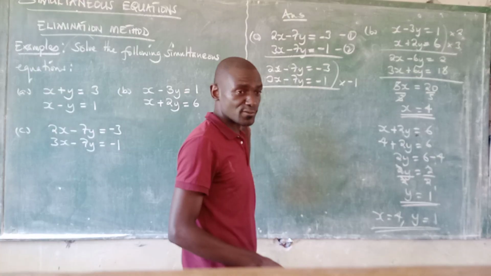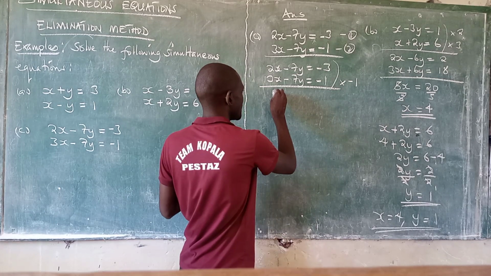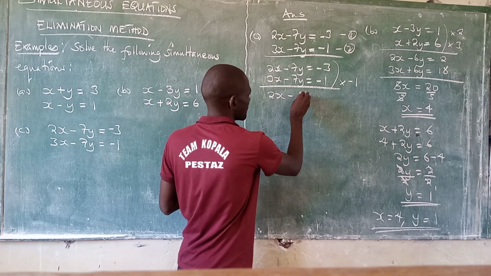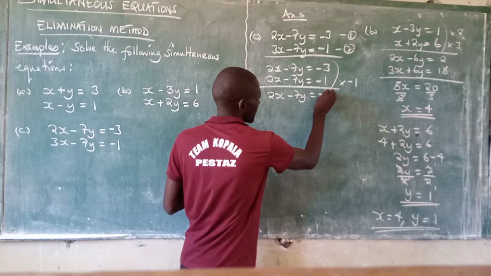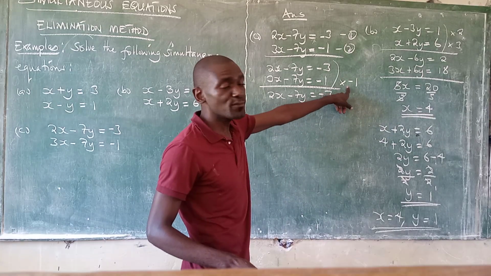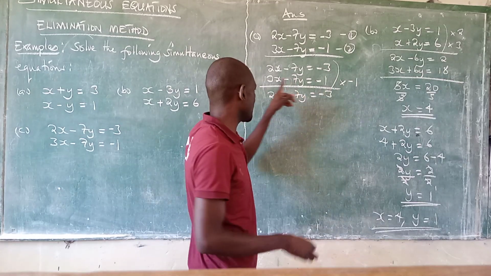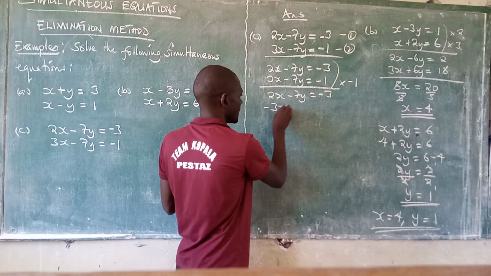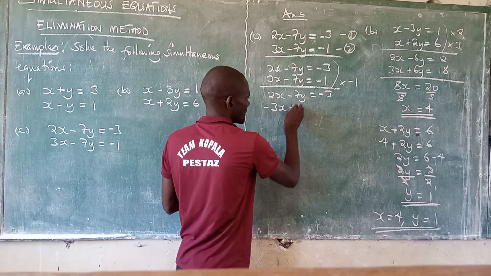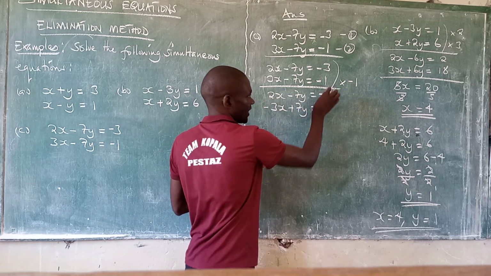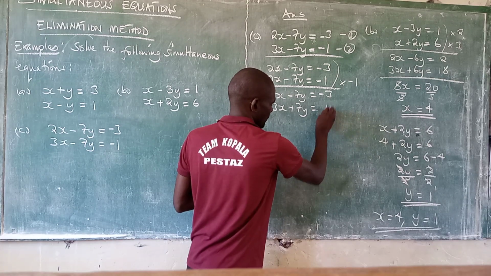Then we multiply throughout, meaning the first equation will remain the same. 2x minus 7y equals negative 3. And then the one below, we multiply by negative 1. This becomes negative 3x. Then this becomes positive 7y. And then we have positive 1 there.